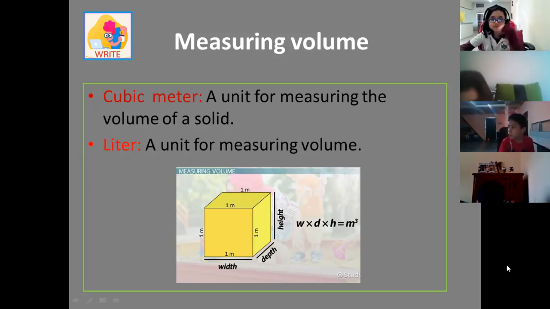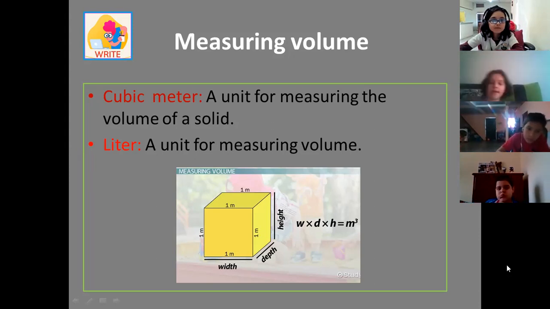But now we're learning how to measure volume, okay? If you remember in the last class, we were learning how to measure length. I can use a ruler to measure my ID card.